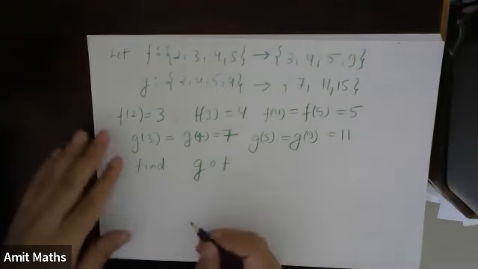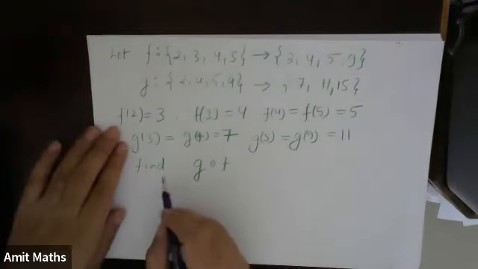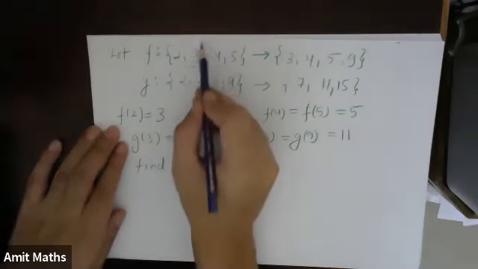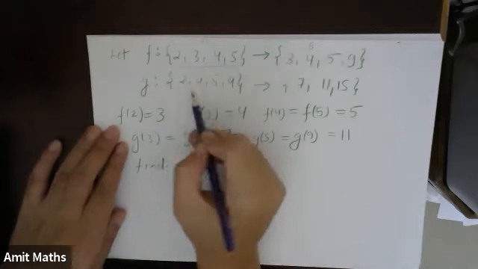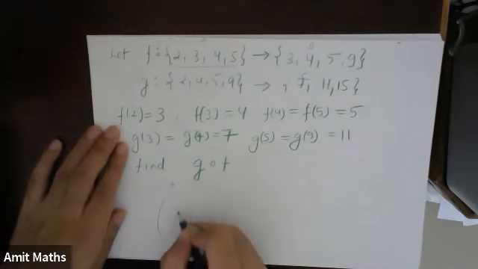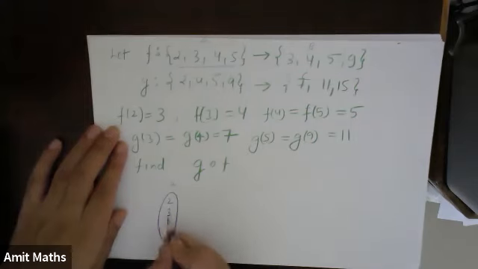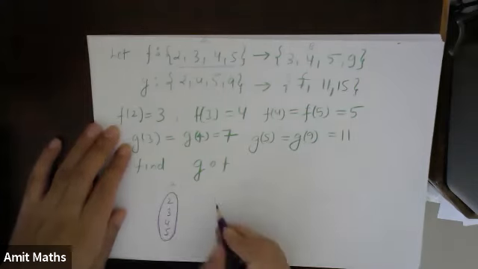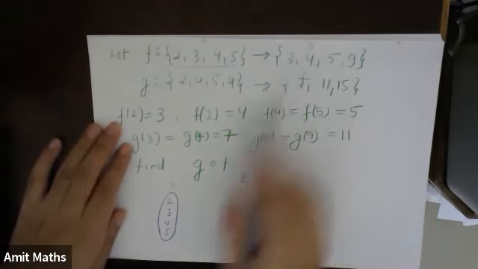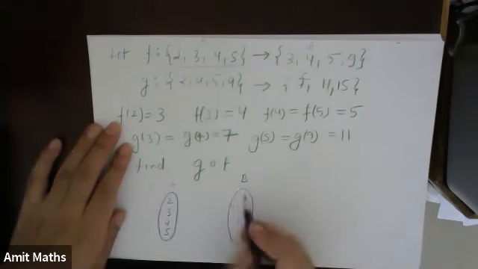Okay, let's solve this one. So I'll write the set which contains 2, 3, 4. I'll write this as set A, this as set B, and this is set C. So set A is 2, 3, 4, 5, and set B is 3, 4, 5, 9.